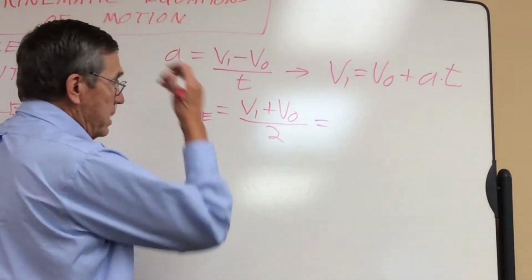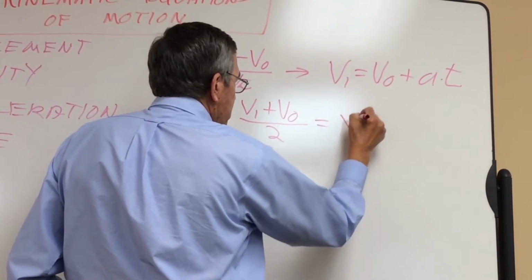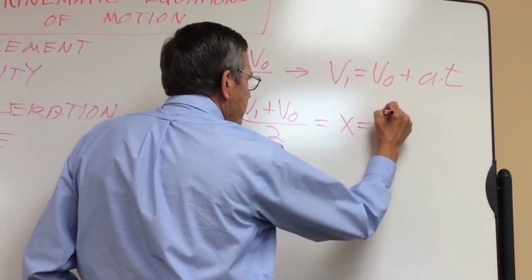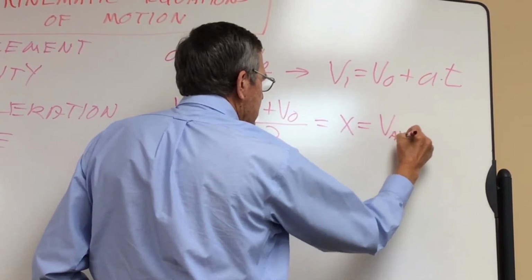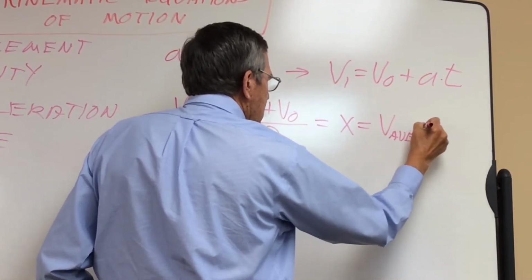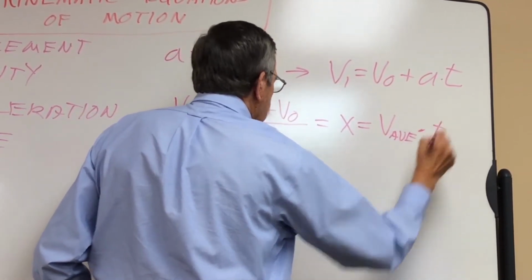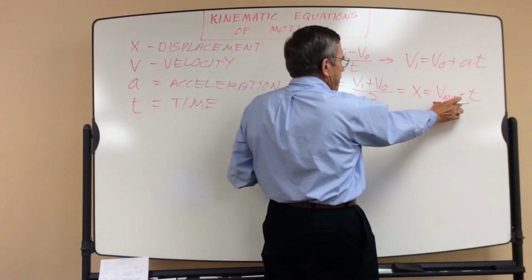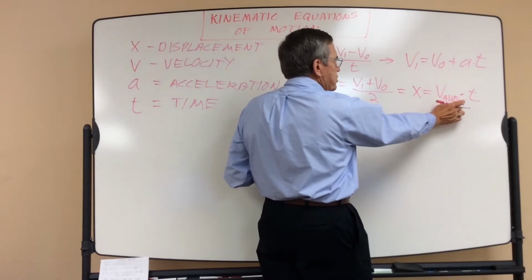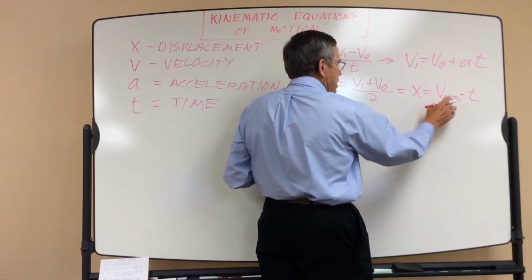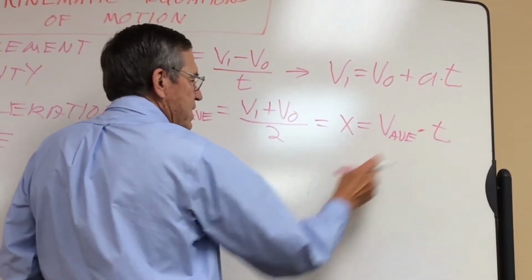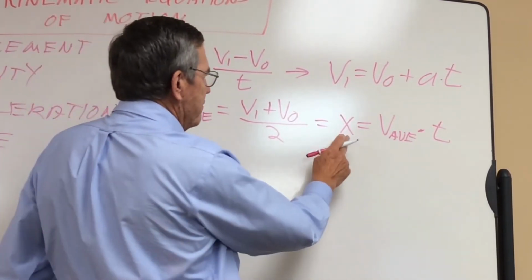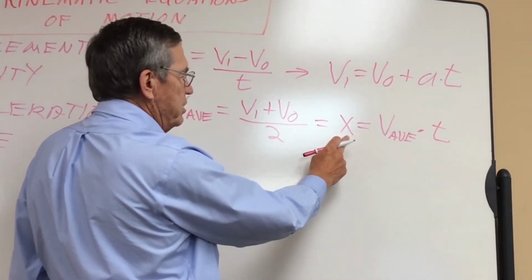Now, from this expression, we can also say that the distance we travel is going to be equal to our average velocity times our time. So if we know our average velocity is 3 meters per second and we go for 5 seconds, 3 meters per second times 5 seconds, 15 would be our answer in terms of how many meters we actually travel.